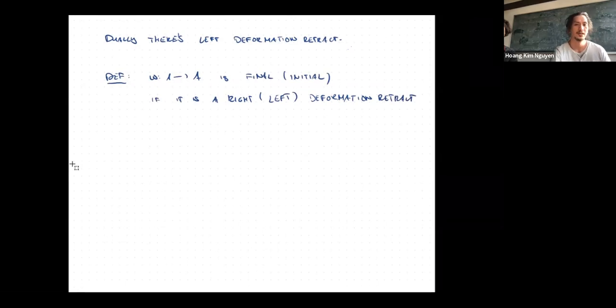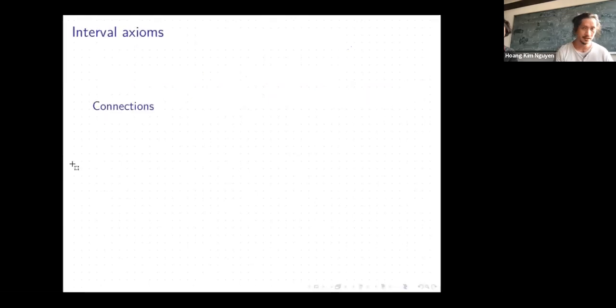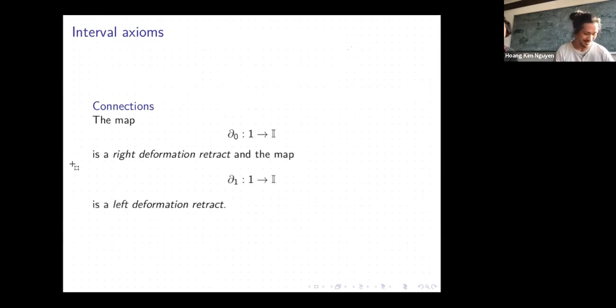Okay. So then a further axiom on the interval is that we have connections on them. The inclusion of the starting point is a right deformation retract, and the other is a left deformation retract.